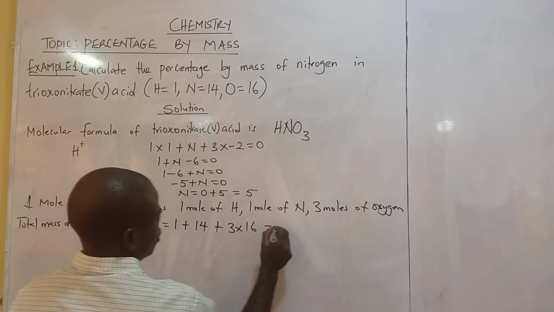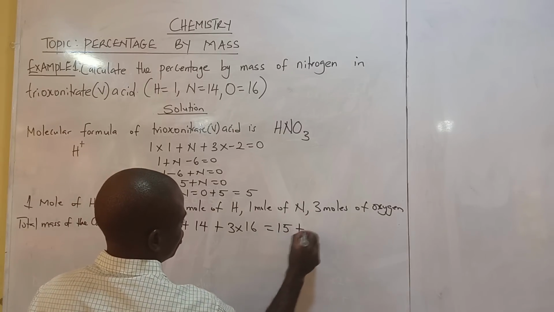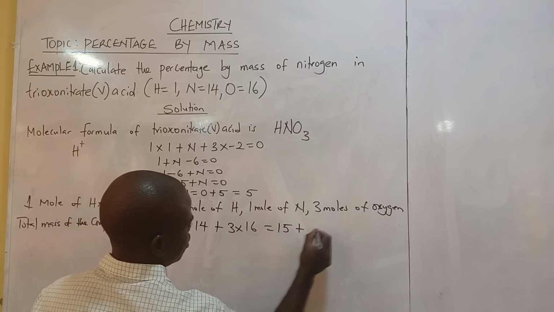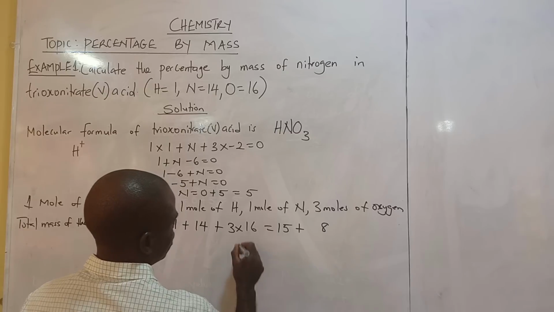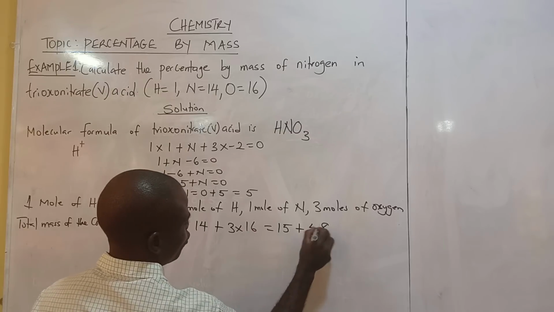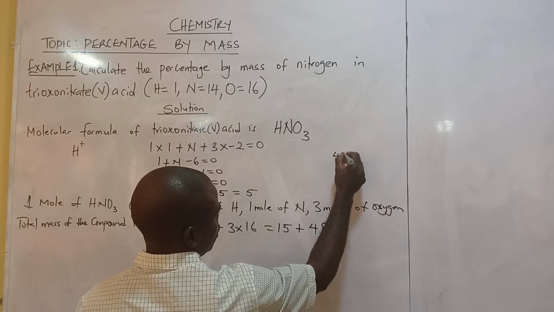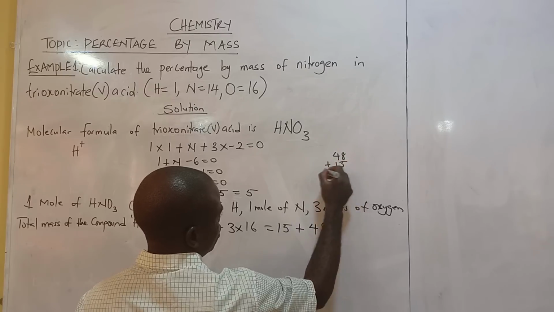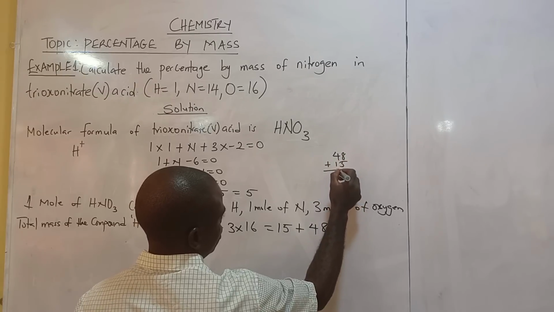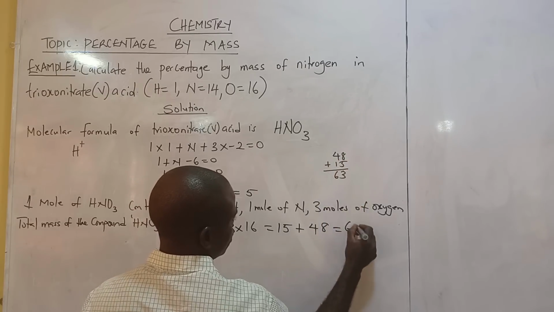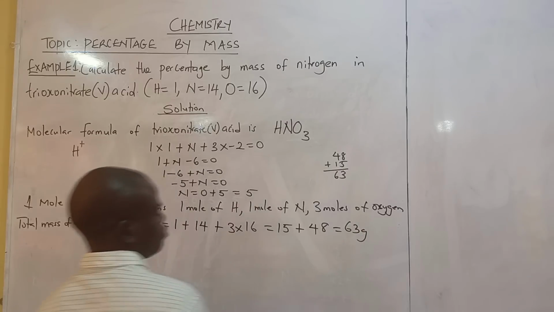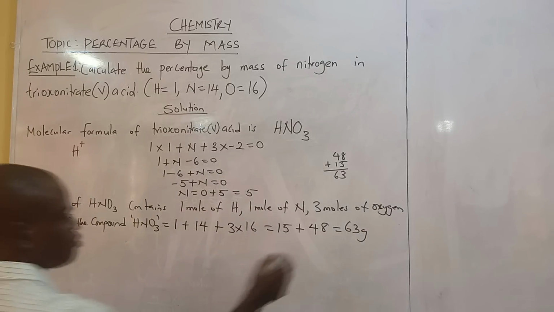That's 1 plus 14, that's 15, plus 3 times 16, 48. When you add it together, 48 plus 15, that's 63 gram.